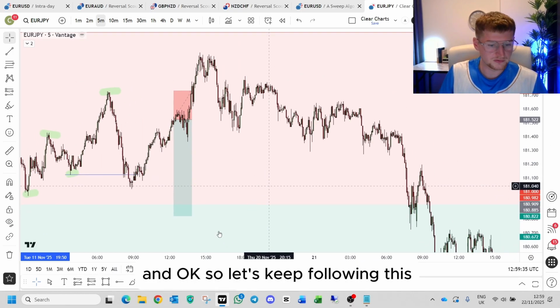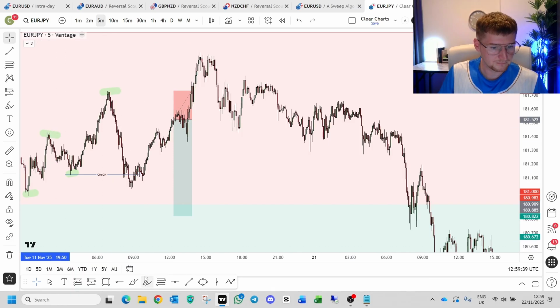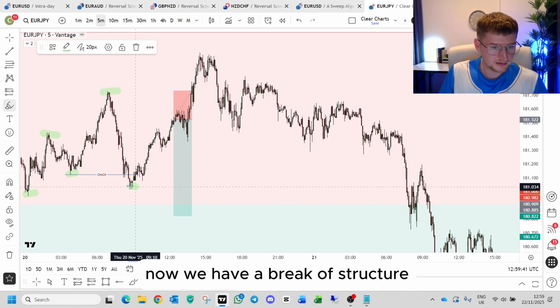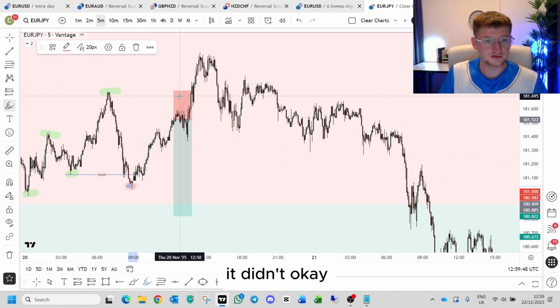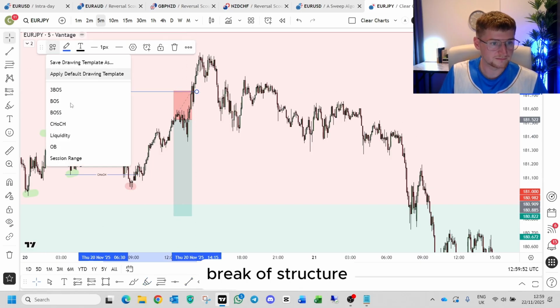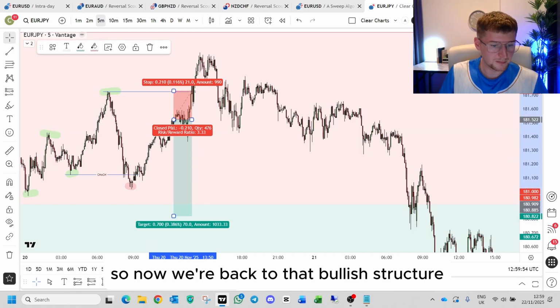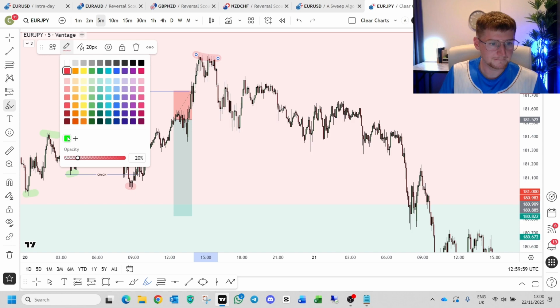Okay, so let's keep following this. Set that as our change of character. Now we have a break of structure, which is change of character, so we'll call that red. And we were expecting this to be low, it didn't. This broke us out to the upside, break of structure. So now we're back to that bullish structure, so let's make that green.